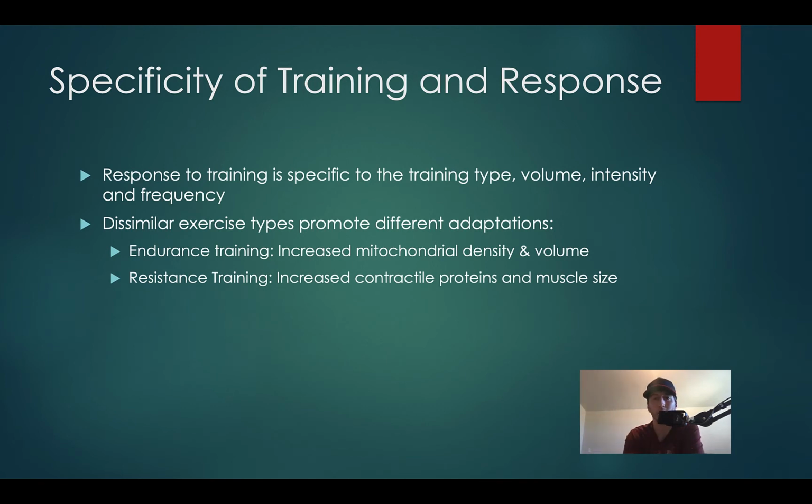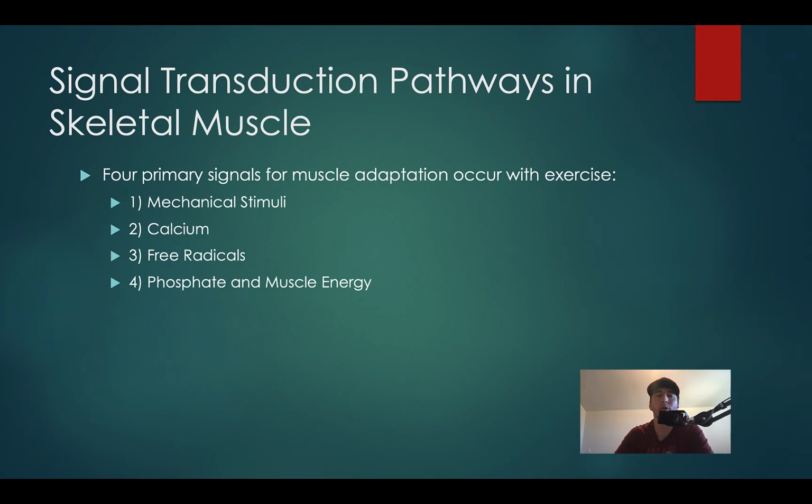If you look at all the top level folks, they're doing this. Essentially, if you want to get better at resistance training, you resistance train, because you have to give your body time to adapt molecularly. If you want to get better at endurance training, you have to do endurance training, and you have to continually stress your system in that manner to sum together all of the adaptations that you need to get better.